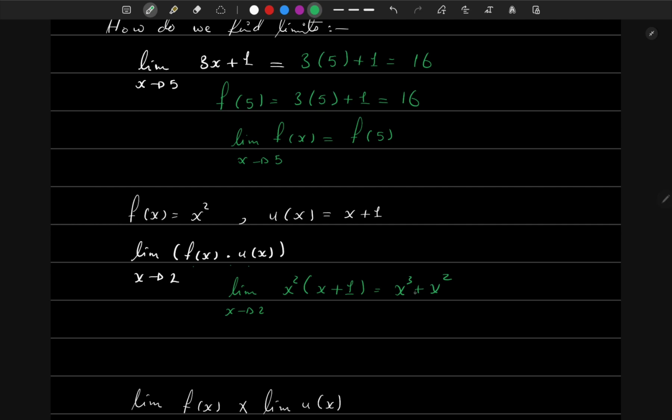Well, because here this is not the limit, this is just a rearranged formula. I'm sure that the limit of x squared multiplied by x plus 1 does not equal x cubed plus x squared. This is not the limit.